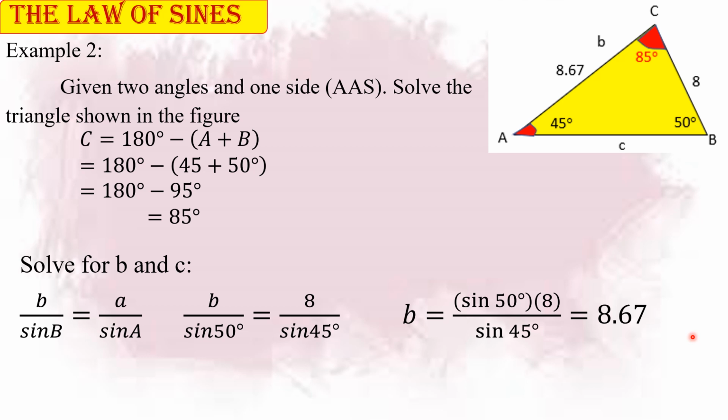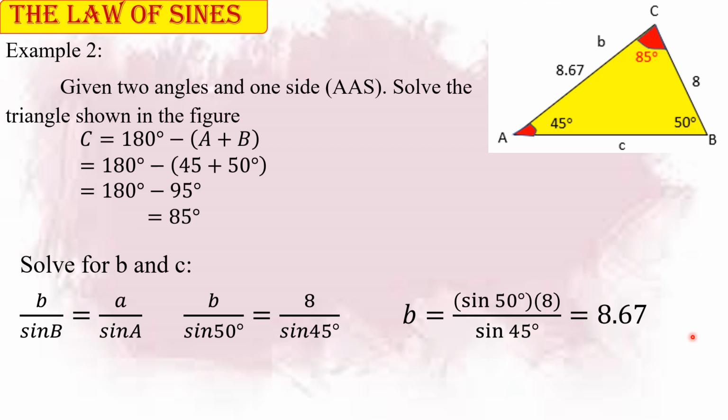So let's kindly get your calculator and then click nyo ulit yung my fraction dyan, or my two boxes, and then click nyo yung numerator, and then sine 50 times 8 over sine 45 degrees. So we have now the 8.66680352672.